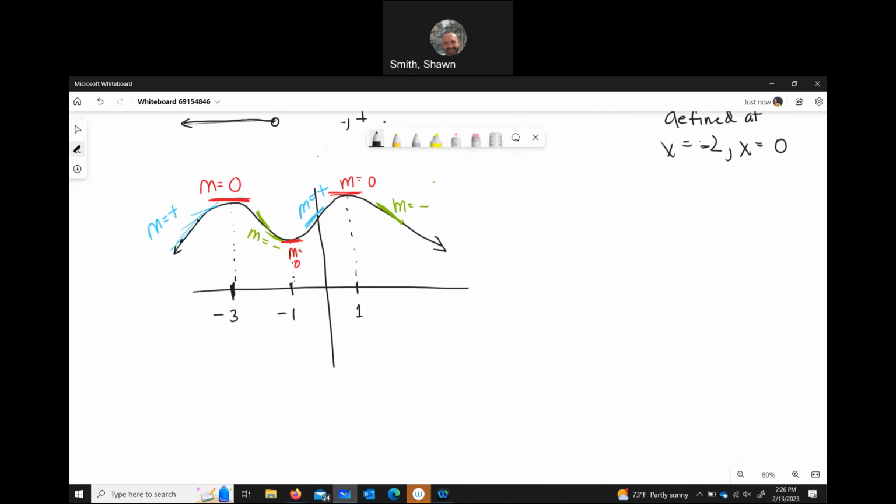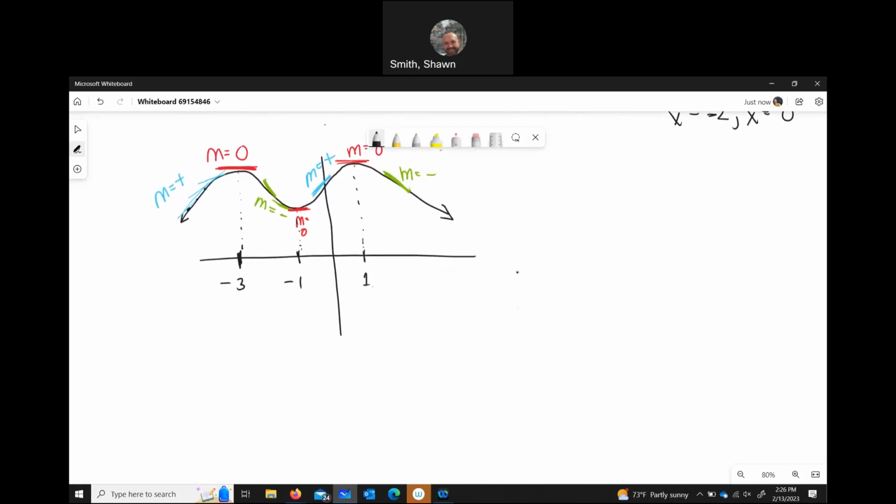So if I say, draw me a picture of the derivative's graph. Same scaling along the axis. From -infinity to -3.